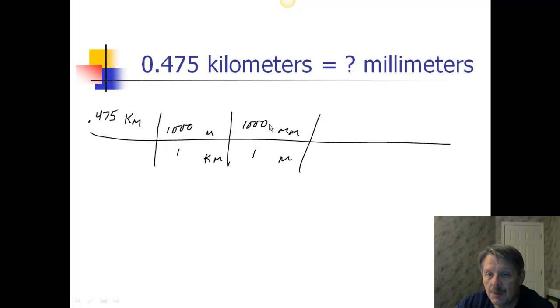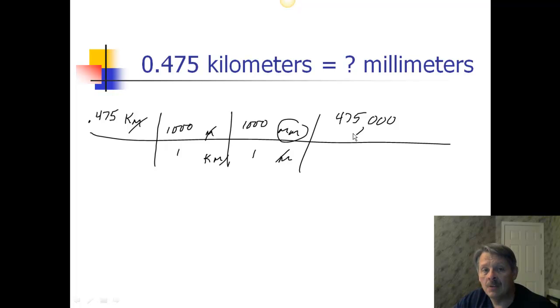That's my answer because I've got the units I want, and I've canceled all the others as I went along. So I have 0.475 times 1,000 times another 1,000, so it's going to be 475,000 millimeters.